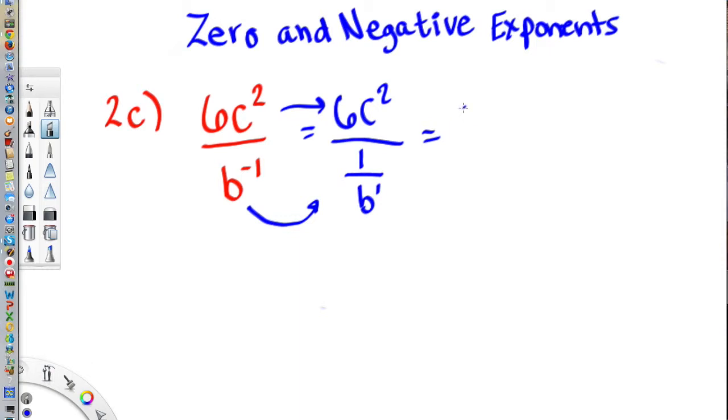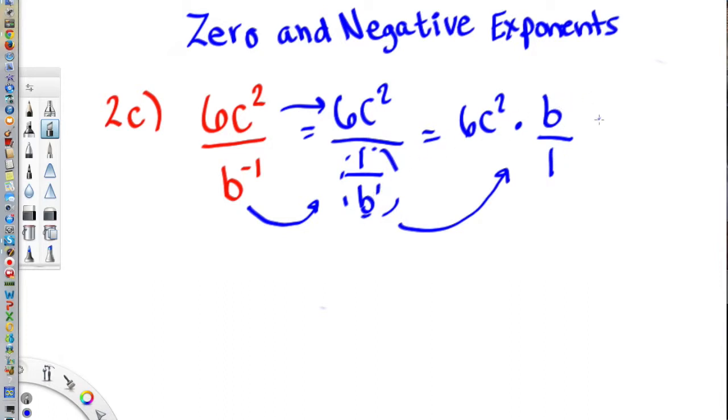So you copy your first term down, which is 6c squared, and then I change my division to multiplication, because I'm really multiplying by the reciprocal, and then I flip this fraction to its reciprocal. I flip 1 over b to b over 1. Now someone might be saying, well, what happened to my exponent, b to the first power?